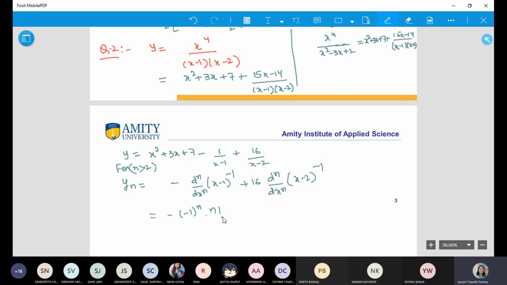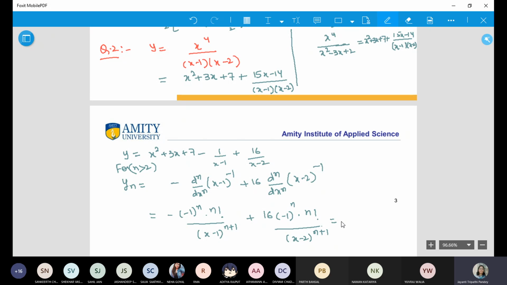Factorial n, here your a is 1, so I'm not writing an, divided by x minus 1 to the power n plus 1, plus 16 into minus 1 to the power n factorial n. Same formula, and you will get this.